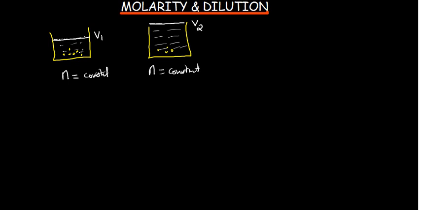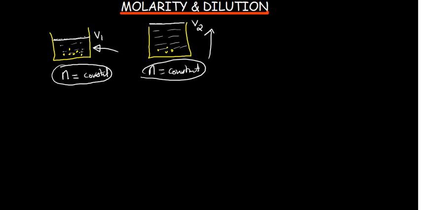But the number of moles you can see is the same. So because of the dilution, when you have more volume of water as compared to the number of particles, the concentration is going to be reduced. Think of this. When you have little water but more sugar, this cup is going to be much sweeter. But when you add more water, meaning that the volume has increased, the sweetness is going to reduce.